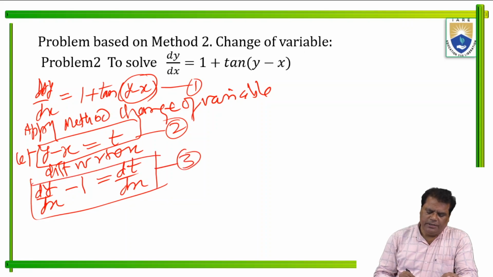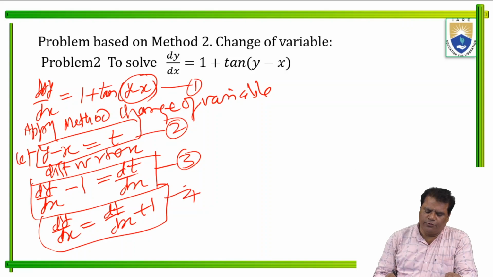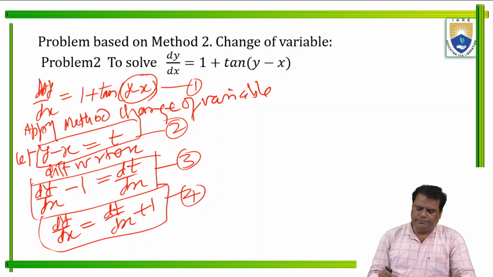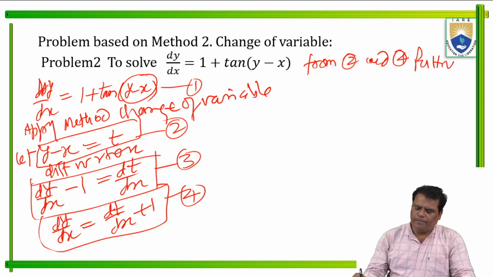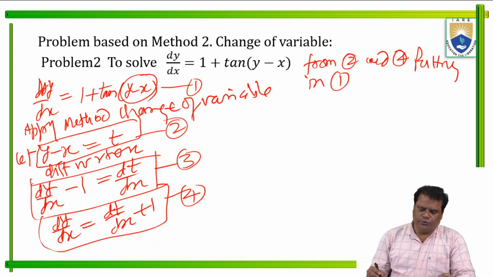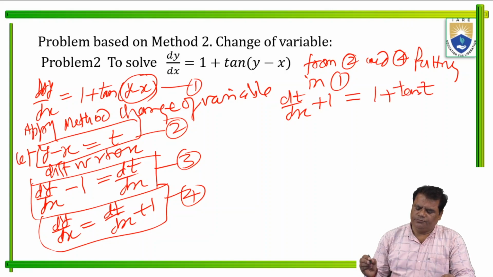Now taking the value of dy over dx equal to dt over dx plus 1. This is equation 4. From 2 and 4 putting in 1, dy dx means dt over dx plus 1 equals 1 plus tan t. The 1 cancels here, so dt over dx equals tan t.